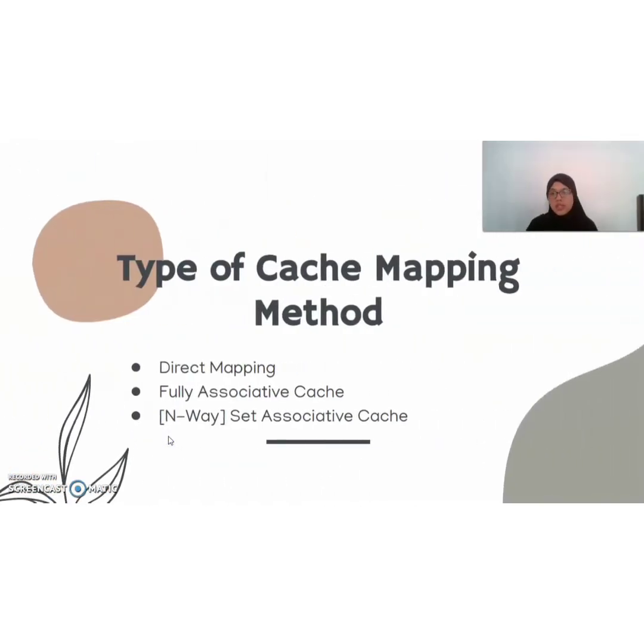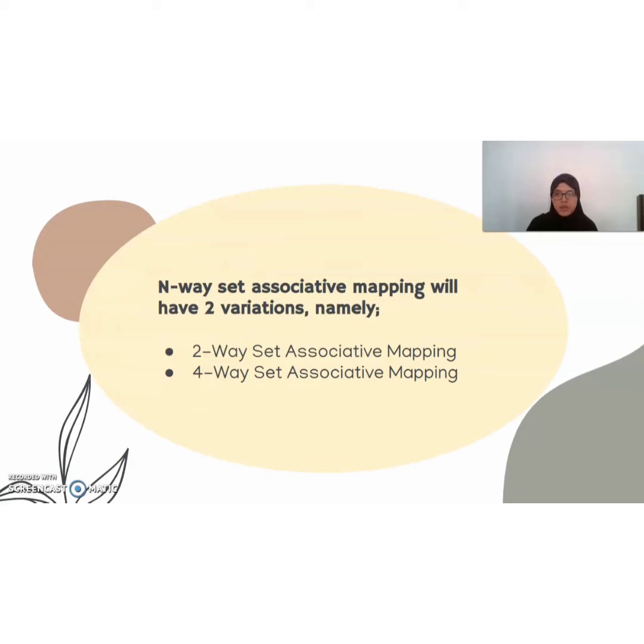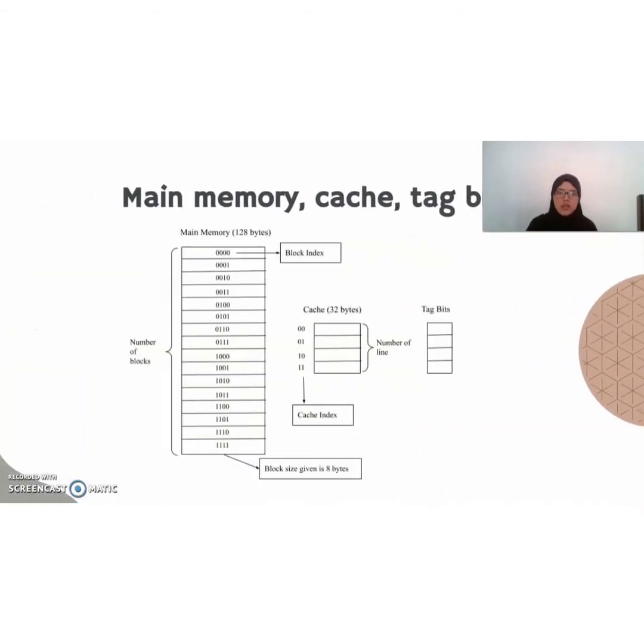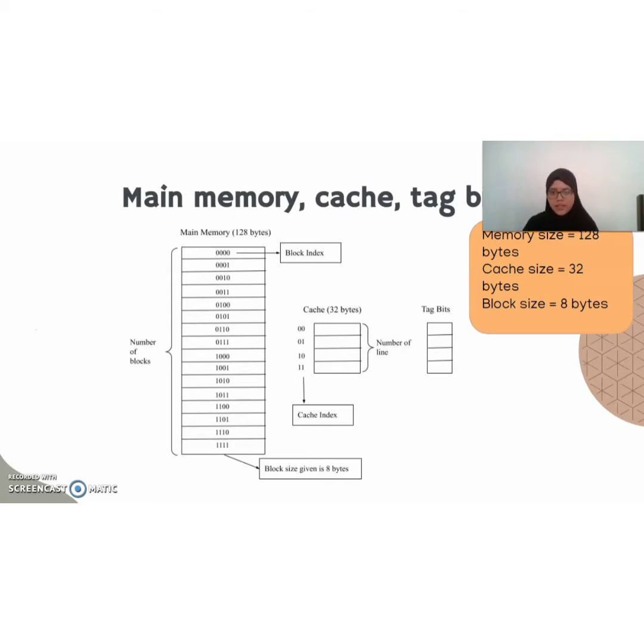In total, there are three types of cache mapping method: direct mapping, fully associative cache, and n-way set associative cache. For the n-way, there will be two types, which are two-way and four-way set associative mapping. In order to make our project easier, we predetermine our memory, cache, and block sizes: memory size is 128 bytes, cache size is 32 bytes, and block size is 8 bytes.